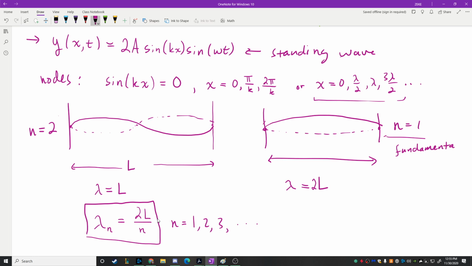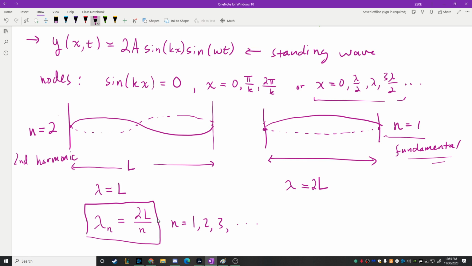It's kind of a musical definition, because this is how waves on strings behave in music. n equal to 2 is called the second harmonic. It's also referred to sometimes as the first overtone, in case you see that language show up.